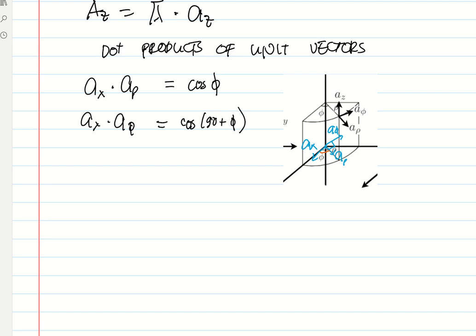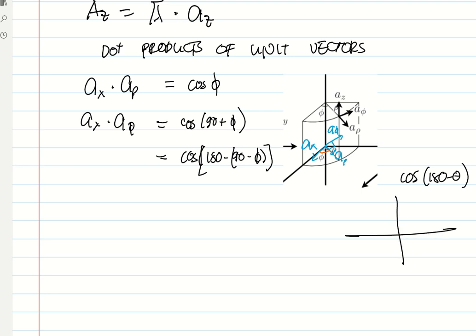But what is cosine of 90 plus phi? We can rewrite this as cosine of 180 minus (90 minus phi). If you remember, cosine of 180 minus theta of any angle theta, they are always in opposite directions because they are 180 degrees apart.